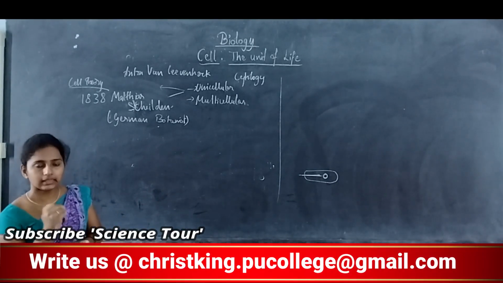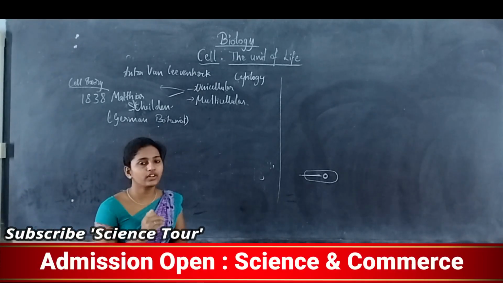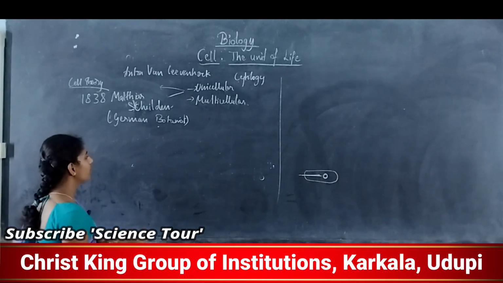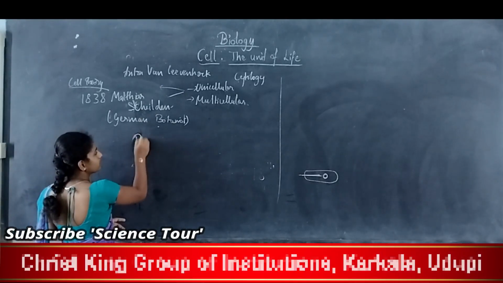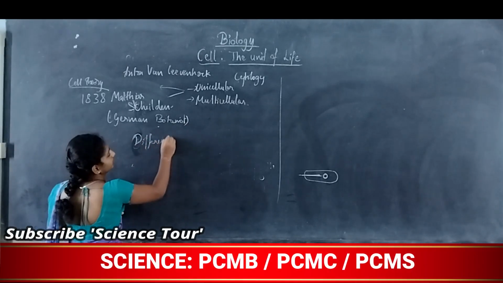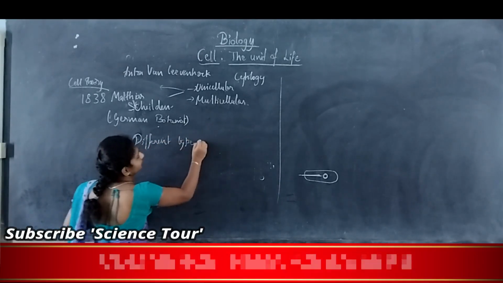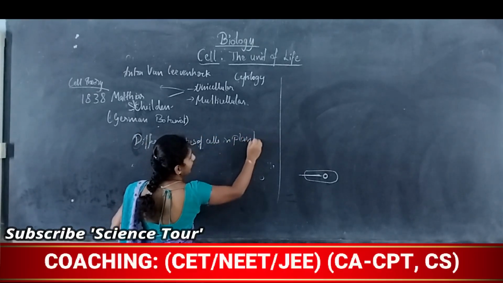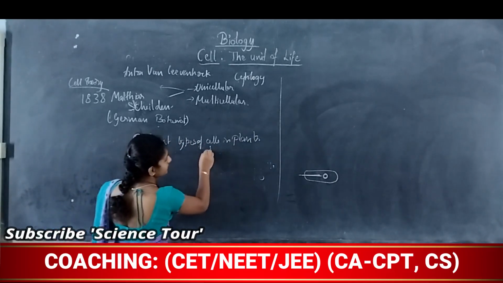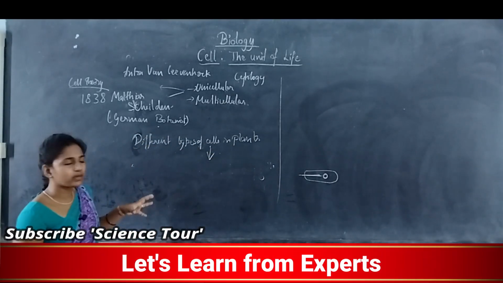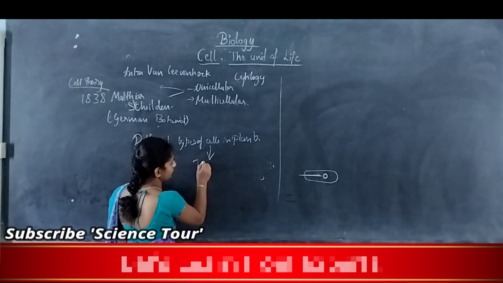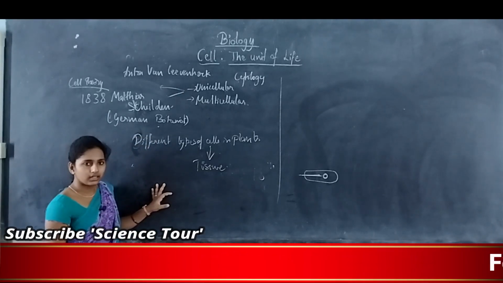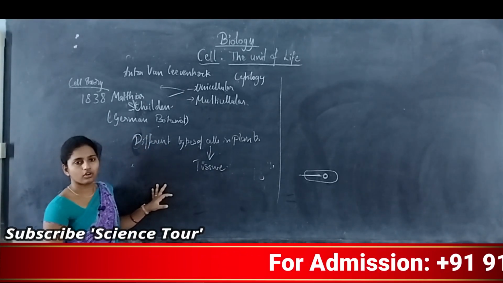Okay, he found out that the plant is made up of different types of cells, and these cells group together and form a tissue. Okay, so he found out that these cells which form a tissue, and this tissue is meant for different functions.